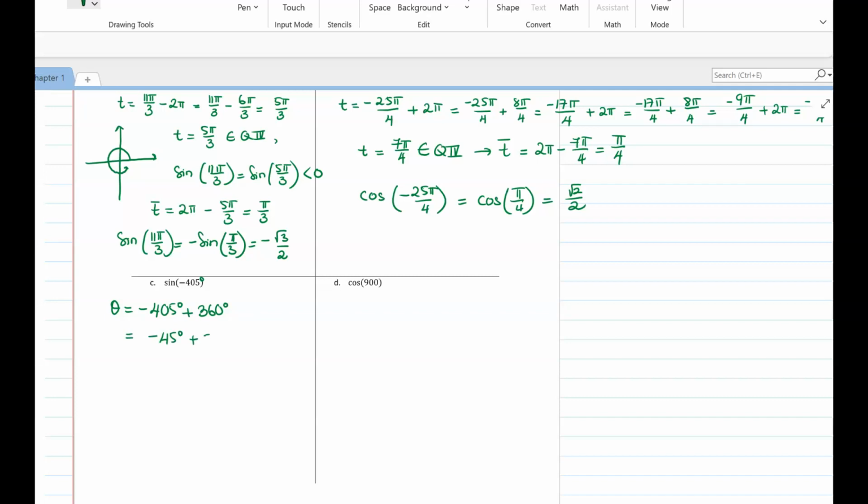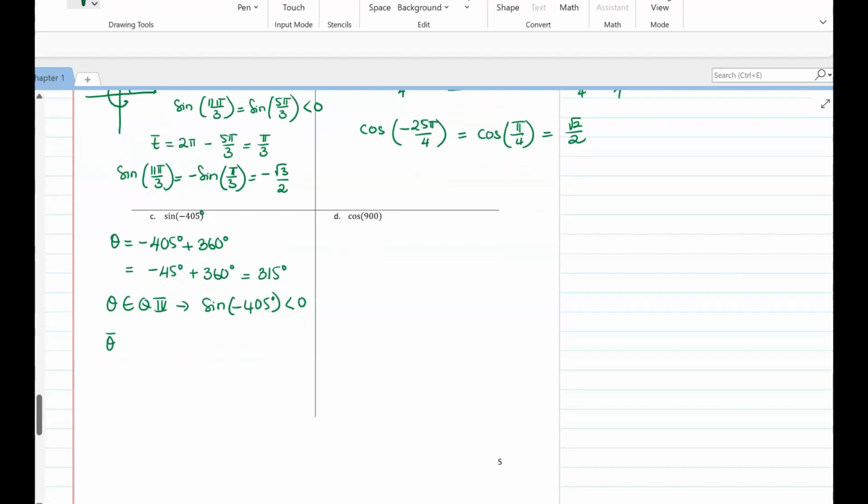I add another 360 degrees, and that makes an angle of 315 degrees. So theta is an angle in quadrant 4. This means sine of the angle negative 405 is less than 0.